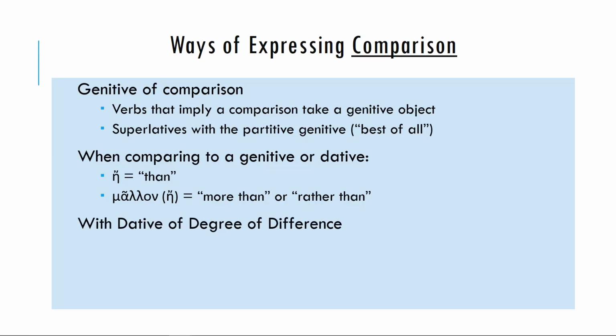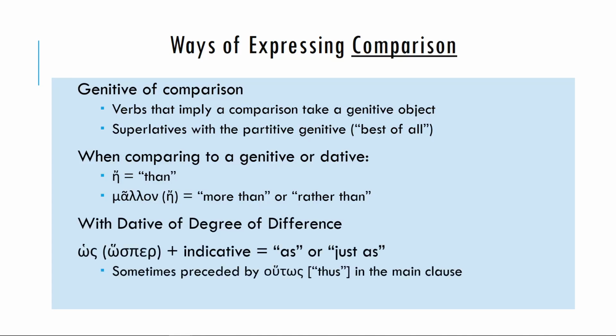And we see dative of degree difference. But what we're going to have here is hos or hosper, which is the same word just strengthened, plus the indicative meaning as or just as. So it's not necessarily a straightforward comparison in the same way, although it can be. Often preceded by hutos, meaning thus, just as. So, or some form like that.